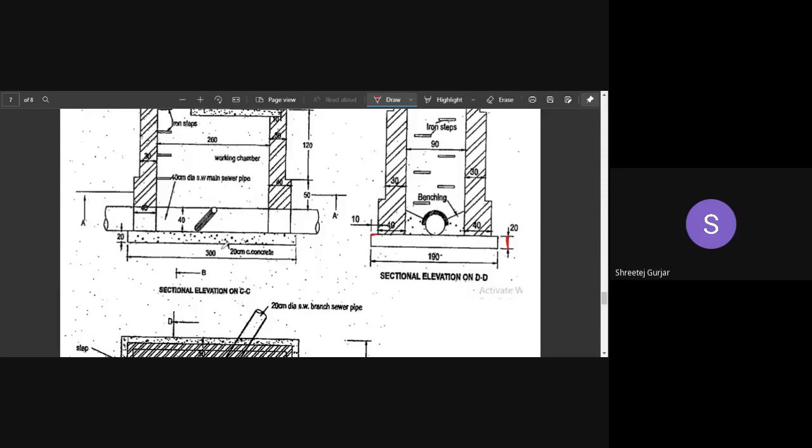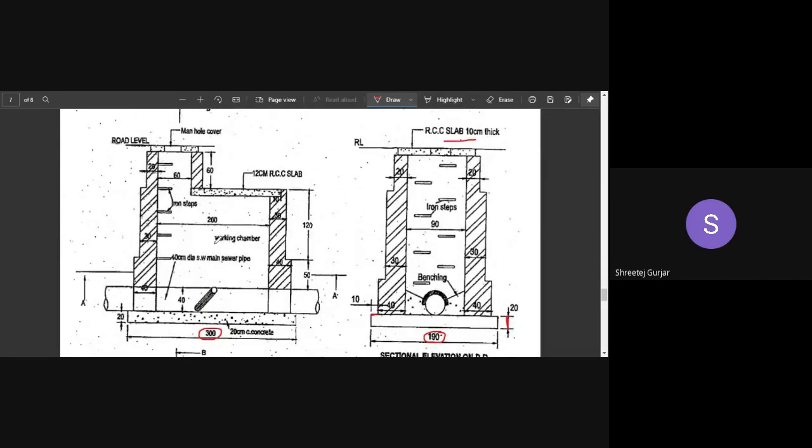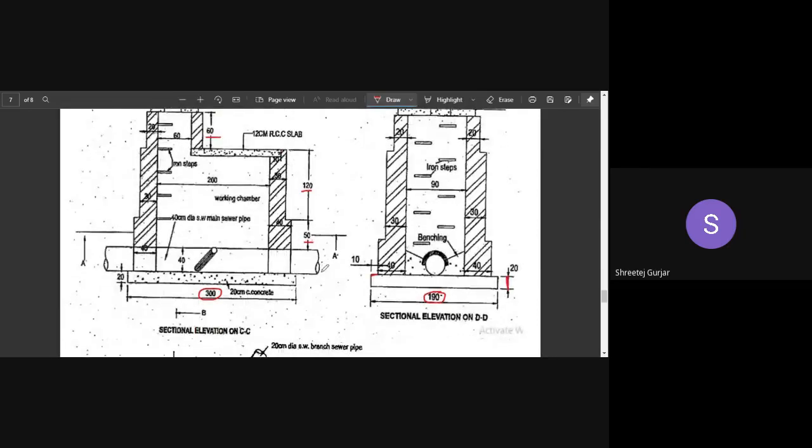The overall dimension is given clearly 300 by 190. Now what about the depth? So this is your ground level, road level. So this thickness is 10 centimeters, plus 60, plus 120, plus 50, plus this diameter 40, plus last thing 20.